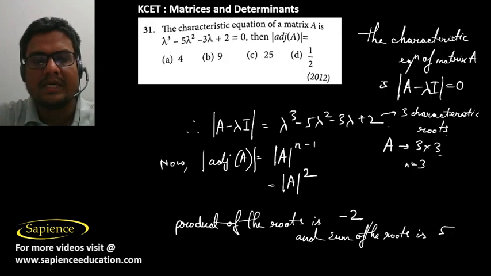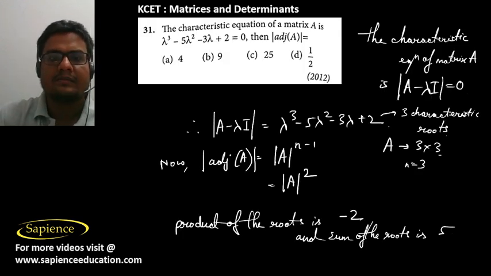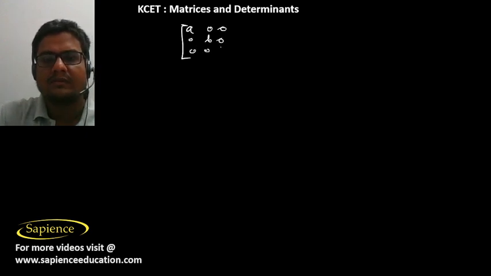Suppose we have the matrix A, suppose it is a diagonal matrix. So suppose I can tell it will be A 0 0, 0 B 0 and 0 0 C, and from this we have to subtract lambda 0 0, 0 lambda 0, 0 0 lambda.